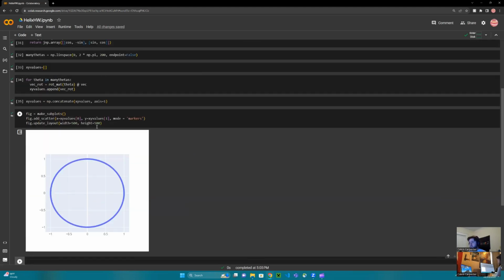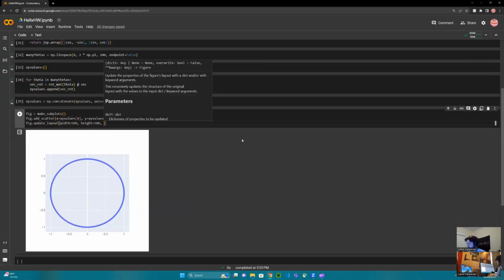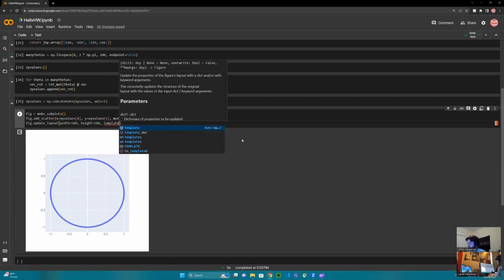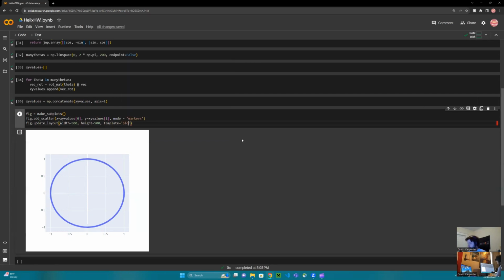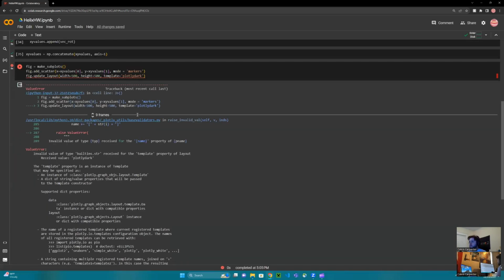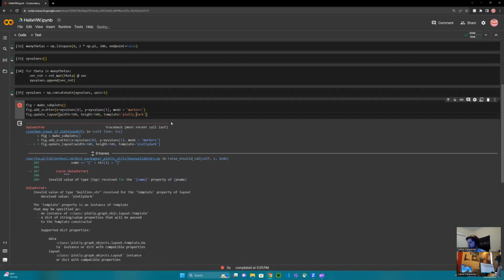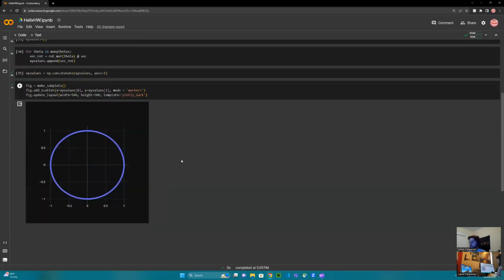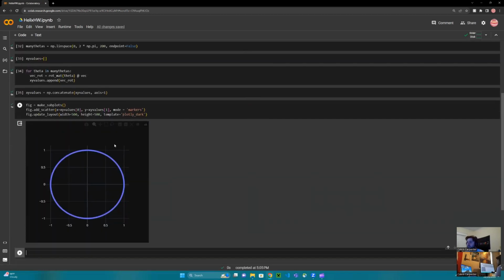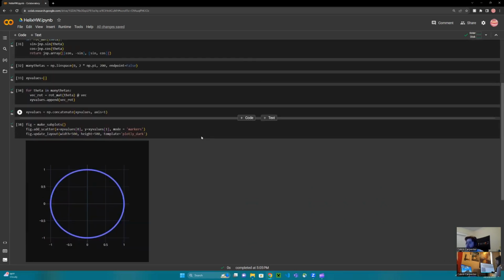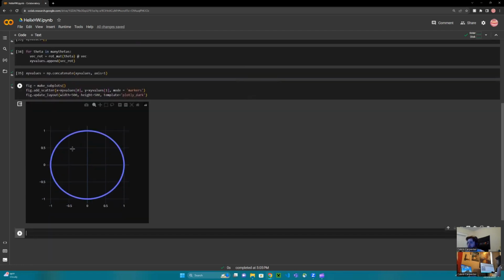Okay, there's our graph. There we go. So there is our circle with our rotated vectors for all 360 degrees or over the course of 2 pi.